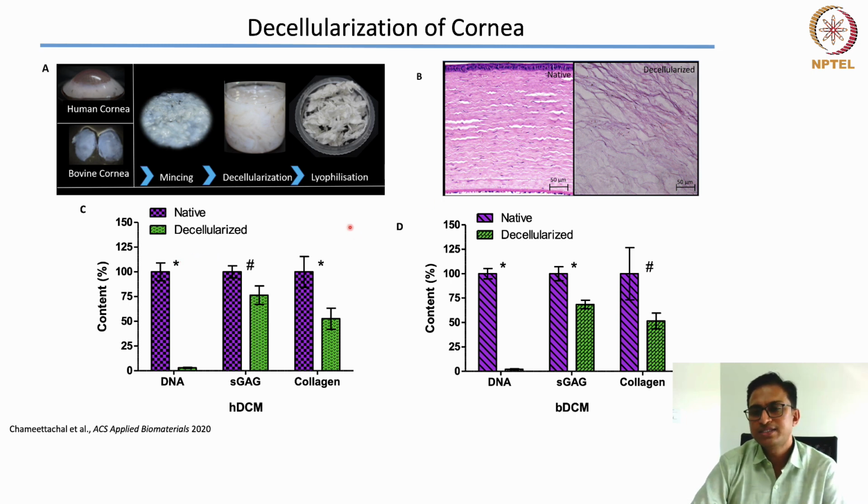Then we have also characterized them by different components like collagen, GAG, and also DNA. DNA quantification is an estimation by which we can understand the level of resident cellular content present in the cornea. Here, if we consider 100% DNA present in the native cornea, then less than 3% or 4% DNA is present in the decellularized cornea tissue, and that is less than 50 nanogram per mg of dry tissue.